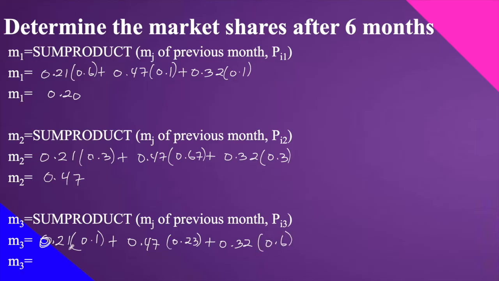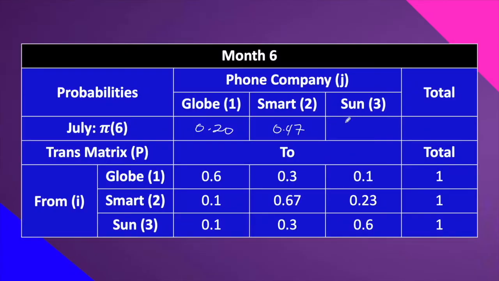This is equivalent, guys, to 0.32 or 32% market share of Sun after 6 months. So let's write it here, 0.32.